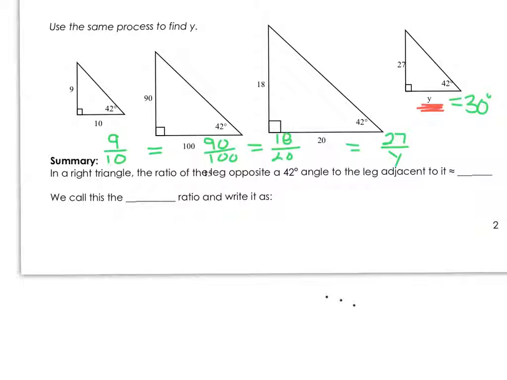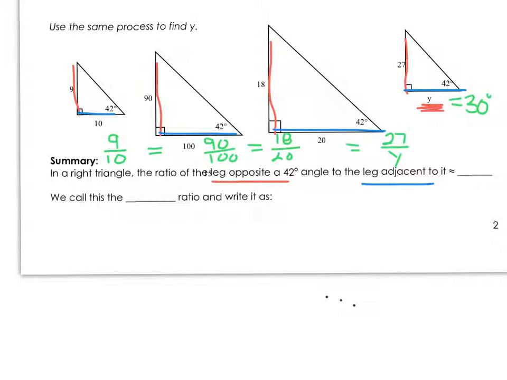Once again, in a right triangle, the ratio of the leg opposite to the 42-degree angle, that's the 9 and the 90 and the 18 and the 27, to the leg adjacent to it, that's the 10 or the 100 or the 20 or the y.